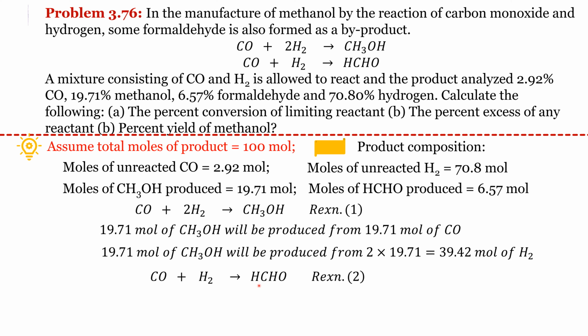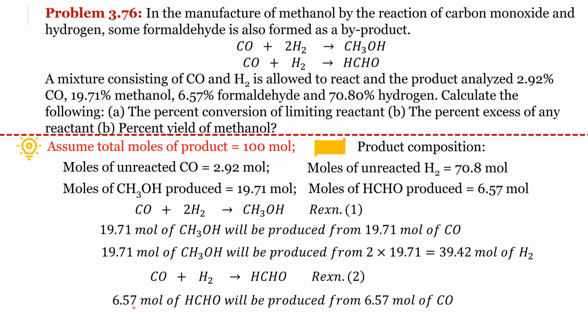Now write the undesired chemical reaction. Moles of HCHO produced is 6.57. In the same way we can write, 1 mole of HCHO will be produced from 1 mole of CO and 1 mole of H2.